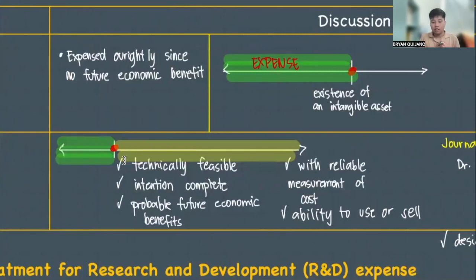But if during the development phase, you saw that the intangible asset has a technical feasibility, you have the intention to complete the intangible asset, there is a probable future economic benefit, then you can measure reliably the cost and you have the ability to sell or use the asset, then you will record whatever is the cost that you will incur from the development cost as part of the intangible asset.